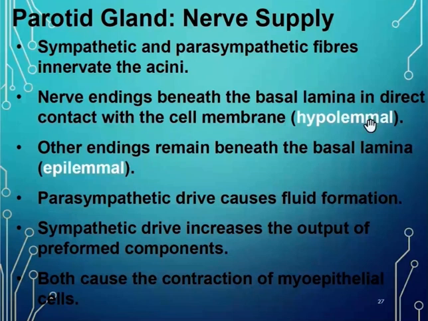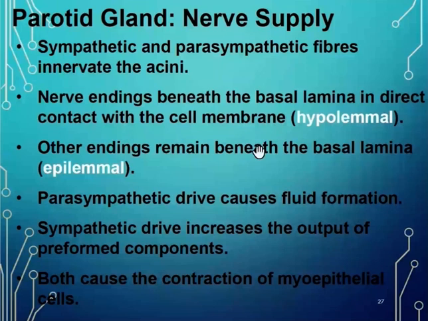In other sites, the neuroeffector sites remain outside the basal lamina, so we call it epilemmal. Both the sympathetic and the parasympathetic cause the contraction of the myoepithelial cells. So here it's beneath the basal lamina, and here it is outside the basal lamina, the epilemmal.